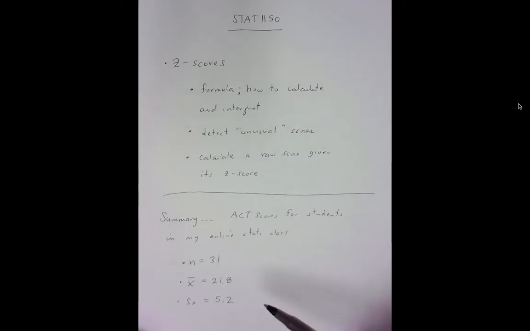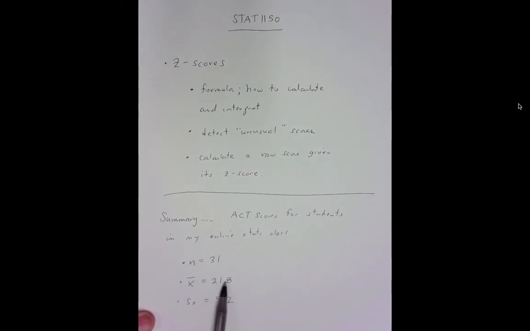Now, it's really not fair to just look at how far a score falls from the mean, because we have this measure of variation that determines being close or a long way away. For example, if the standard deviation gets bigger, then let's just look at an example. The standard deviation is 5.